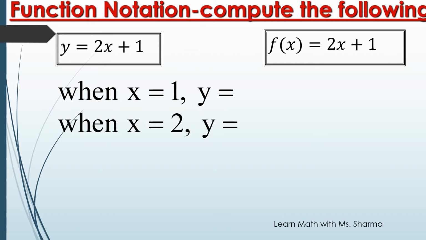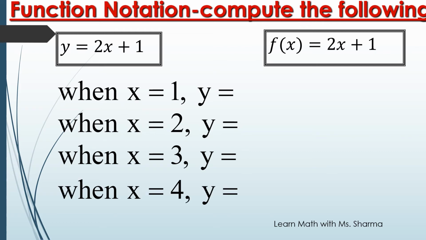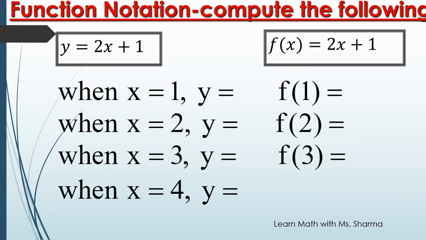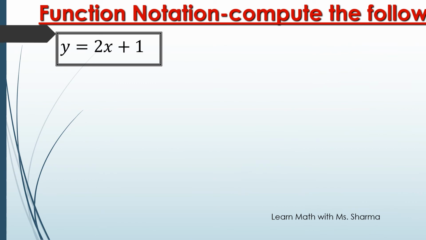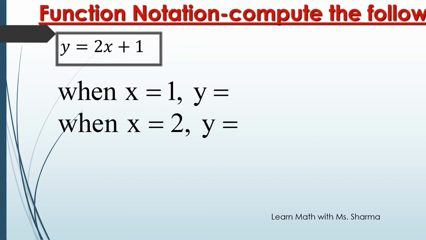So we need to compute for x equals 1, 2, 3, 4, or f of 1, f of 2, f of 3, f of 4. Begin with y equals x plus 1 and find the y values.